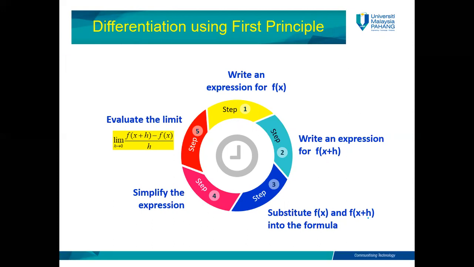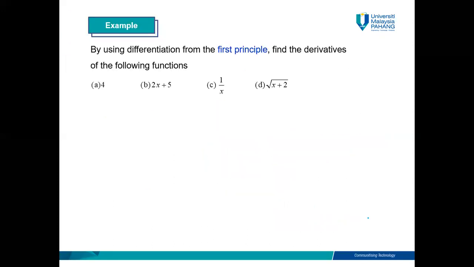So let's see the example. By using differentiation from the first principle, find the derivative of the following function. A, f of x is equal to 4.